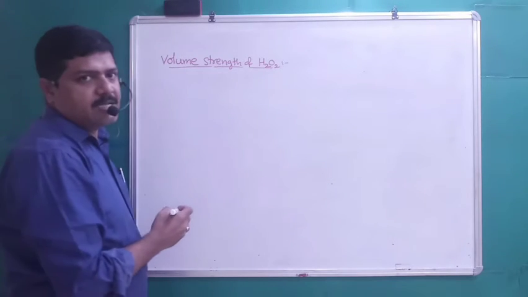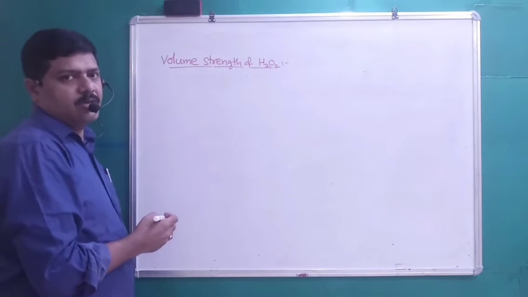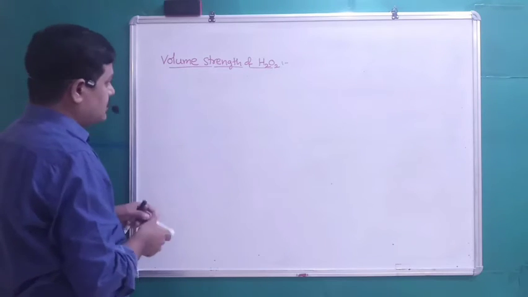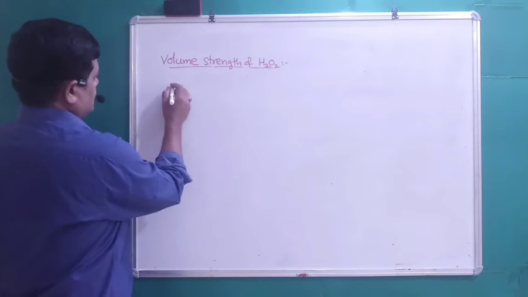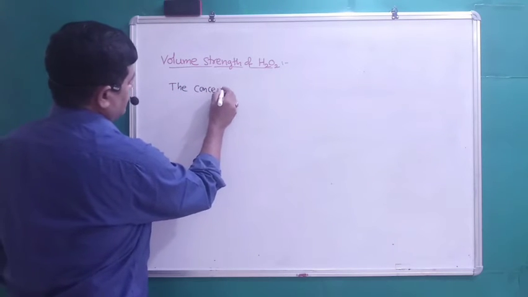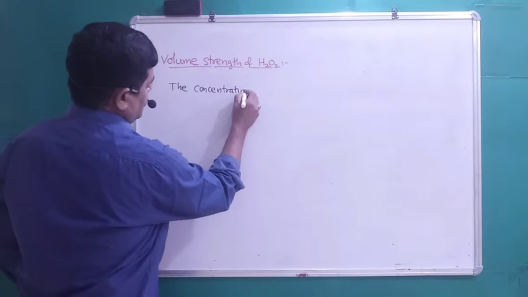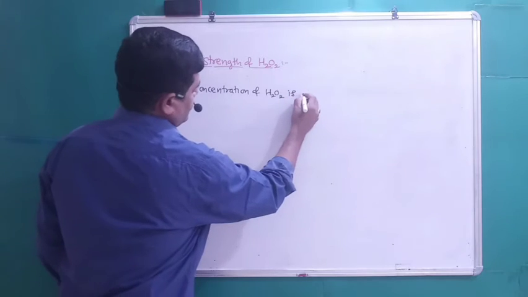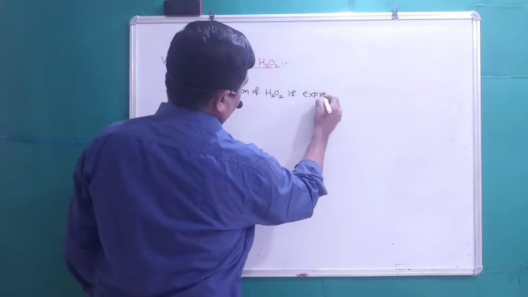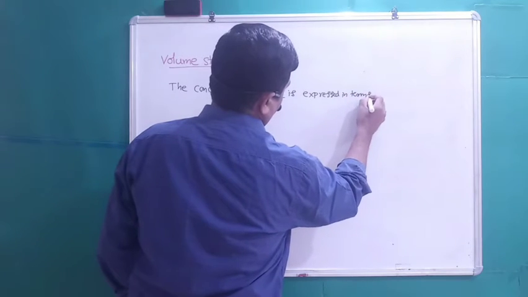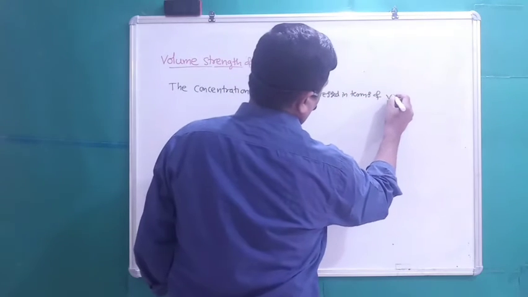Generally, the concentration of H2O2 is expressed in terms of volume strength.